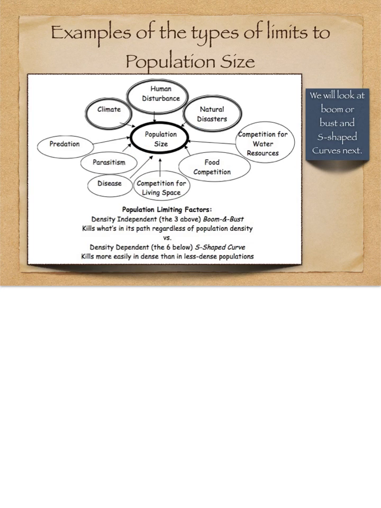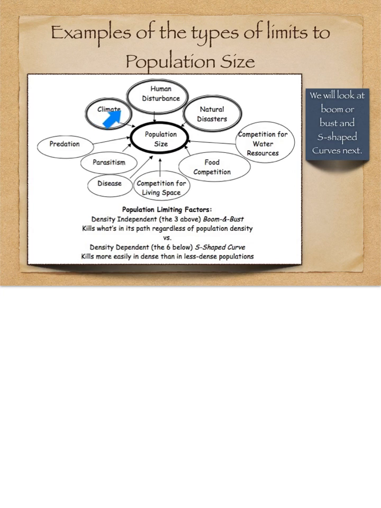A natural disaster like a volcano erupting, an earthquake, a tornado, a hurricane, those are weather as well, but a meteor hitting the earth, whatever happens, these natural disasters, they can impact the population size. And again, it doesn't matter how many you have in the population, there will be a major decrease in that population size.